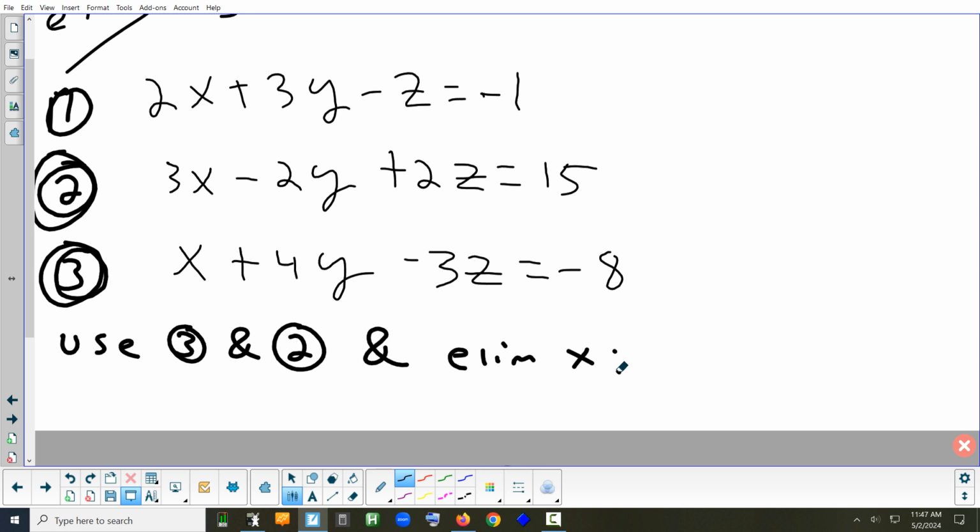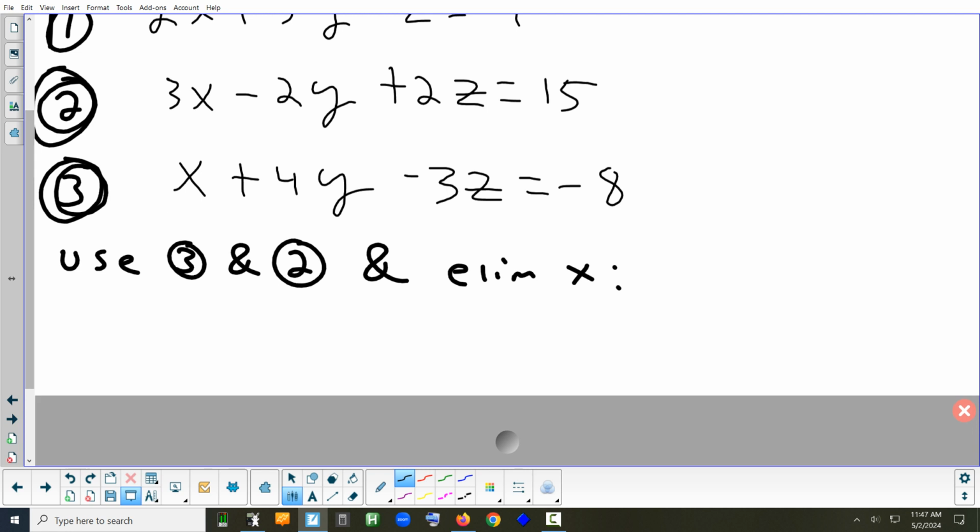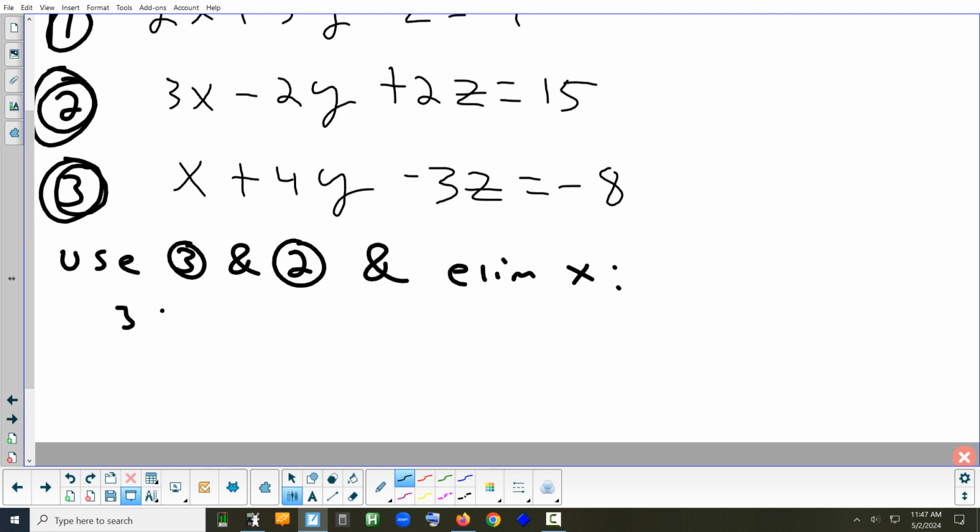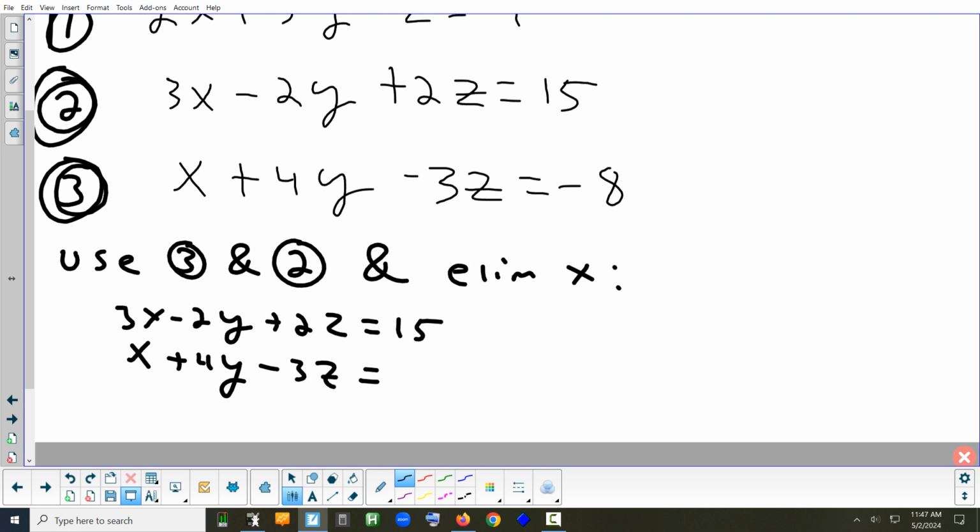So the first thing I'm going to do is just copy down equations 2 and 3. So 3x minus 2y plus 2z equals 15. x plus 4y minus 3z equals -8.